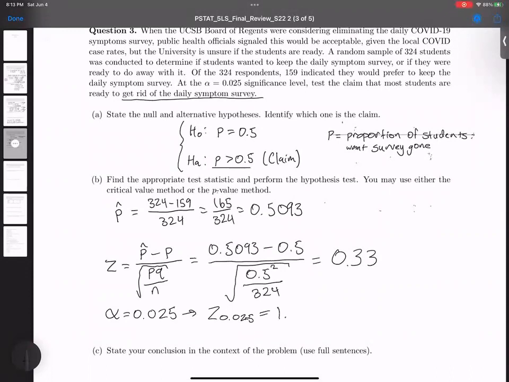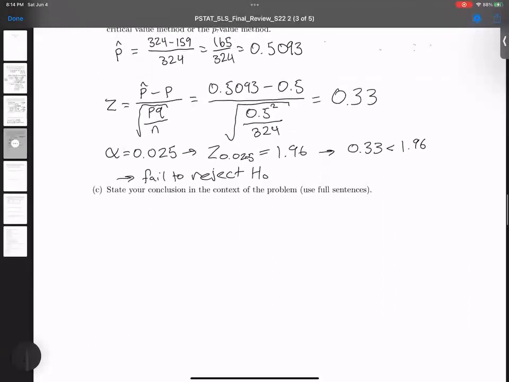This is the equivalent of the critical value for a 95% confidence interval, it's 1.96. And then we just compare. Since this is a right tail test, we can just look to see that our test statistic is less than the critical value. So we fail to reject H naught.